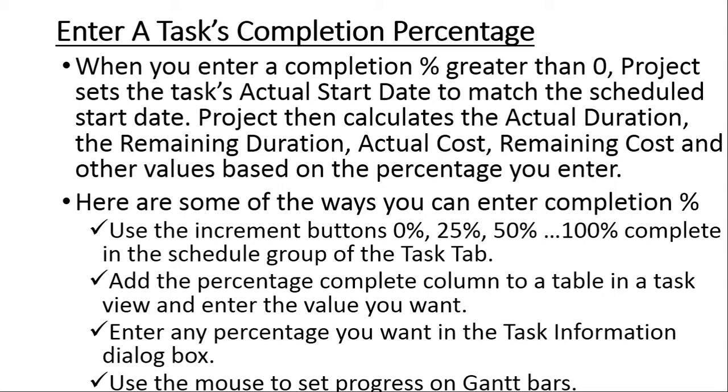And then alternatively, we can use the mouse to set the progress on the Gantt chart bars. So in other words, you can actually go inside the Gantt chart bar and drag the mouse inside that bar and move the bar to whichever percentage completion you want to set. So we are going to be looking at these various methods when we go back to our plan.